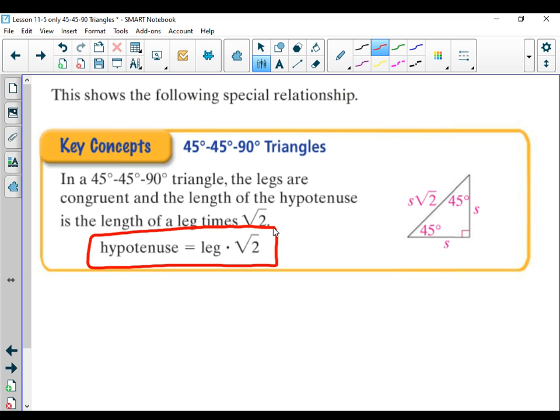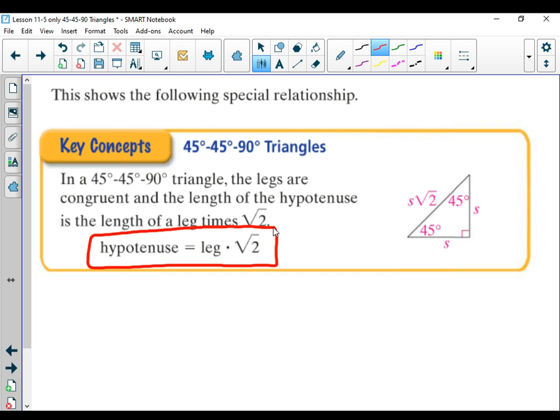Anyone want to guess why the legs are the same? Because they're 45-45-90s. Anyone want to guess why the angle became a 45-45-90? Allison. Maybe because 45, 45 is the same, and then 90 is the longer side. Yeah, you're not wrong.